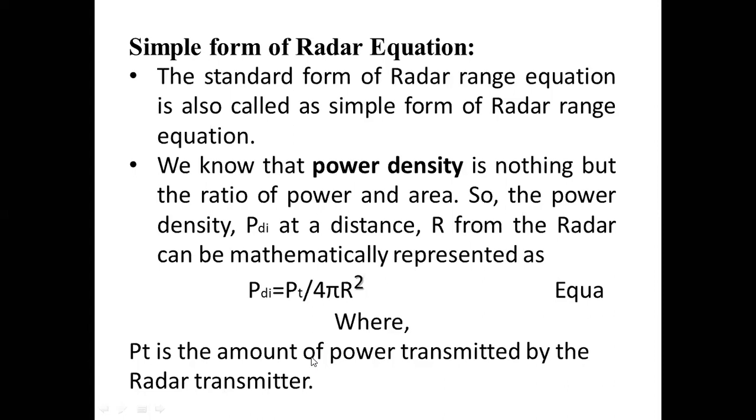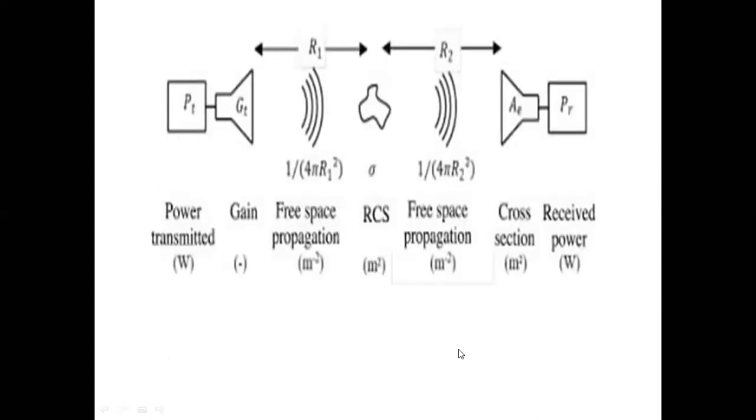PT is the amount of power transmitted by the radar transmitter, and 4 pi R square is the free space propagation. So this is how much power we have transmitted from the radar system.